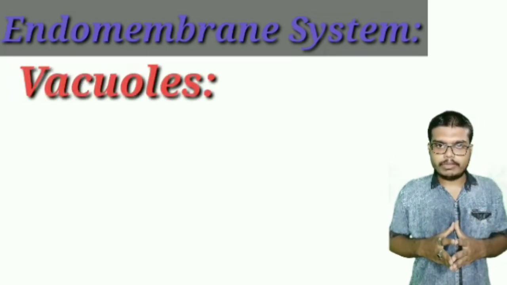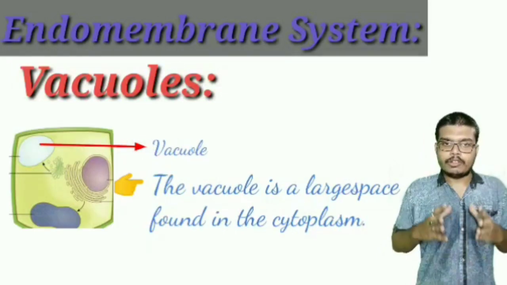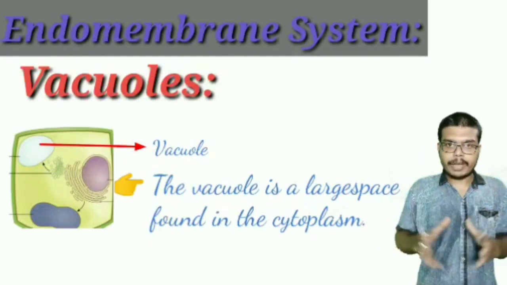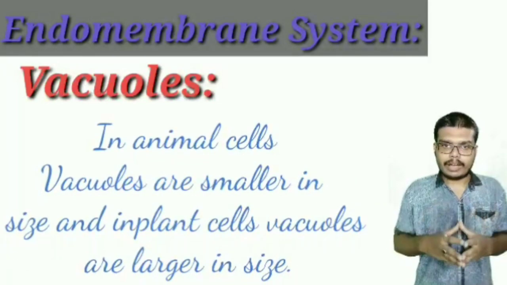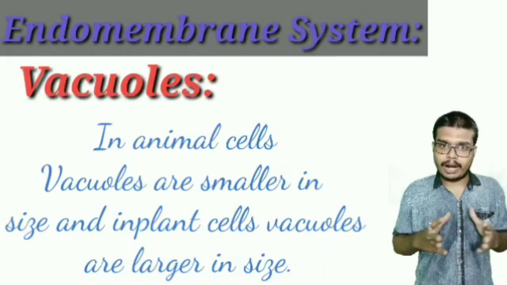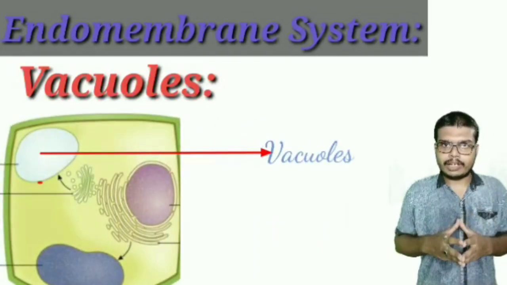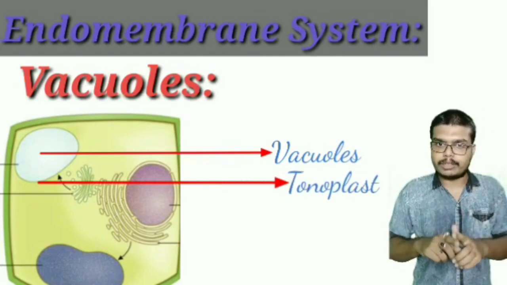Now I will discuss the next organelle, that is the vacuole. The vacuoles are large spaces found inside the cell. In animal cells, these vacuoles are smaller in size. In plant cells, these vacuoles are larger in size. The vacuole is covered by a membrane known as the tonoplast membrane.